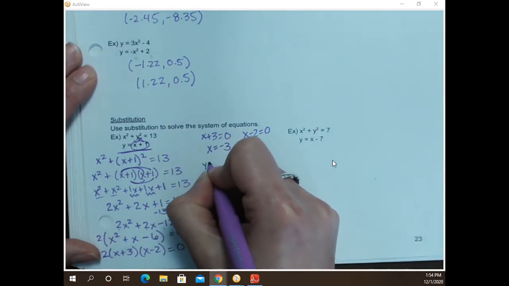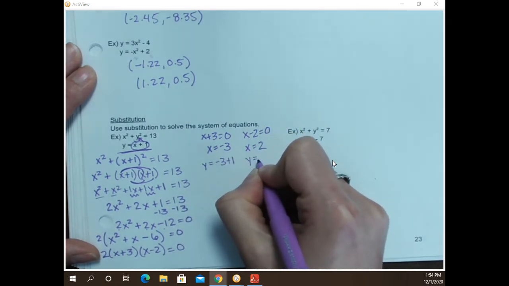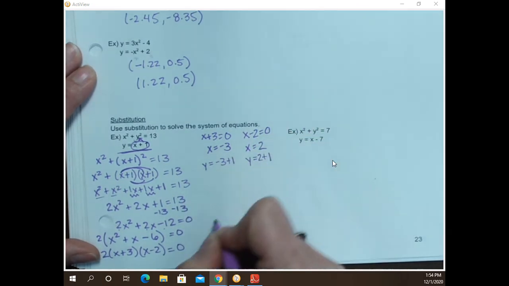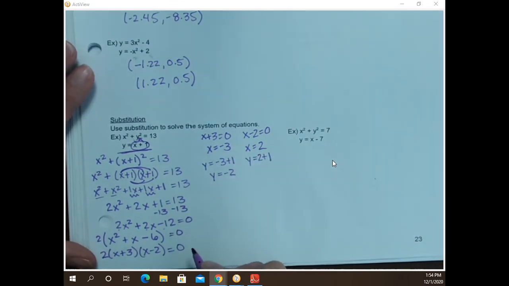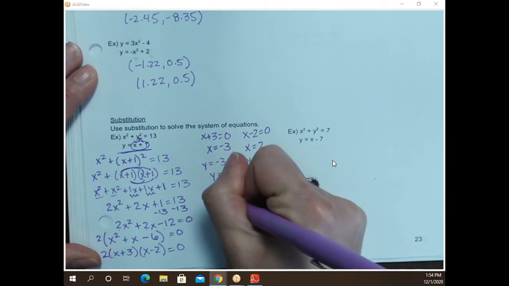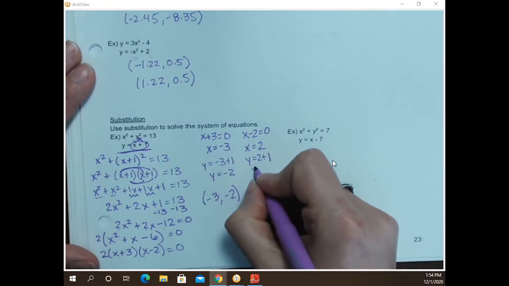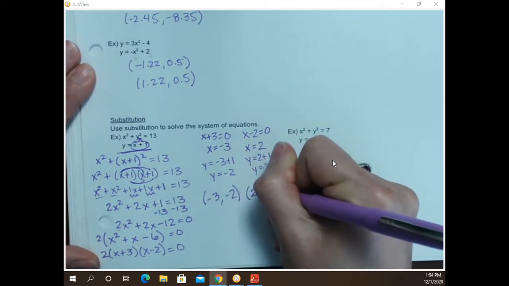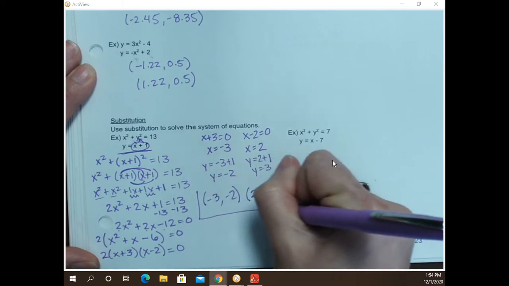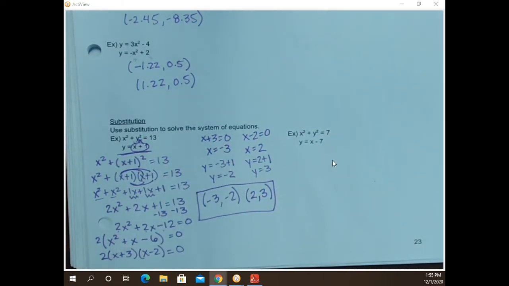So this would be y equals negative 3 plus 1, and then y equals 2 plus 1. So I would get y equals negative 2. That means one of my solutions is the point negative 3 comma negative 2. And then 2 plus 1 gives me 3. So my other solution would be the point 2 comma 3. So those are the solutions to this system of equations.